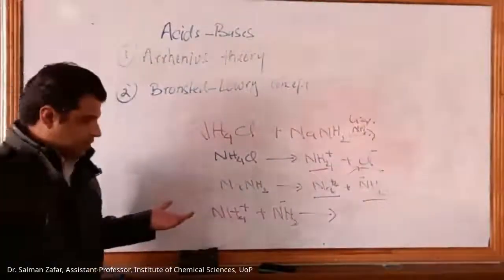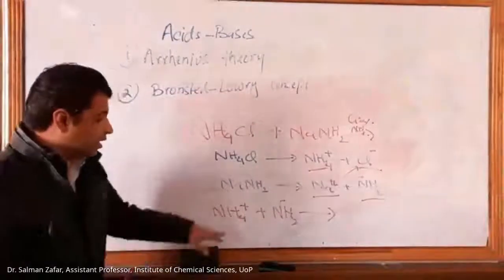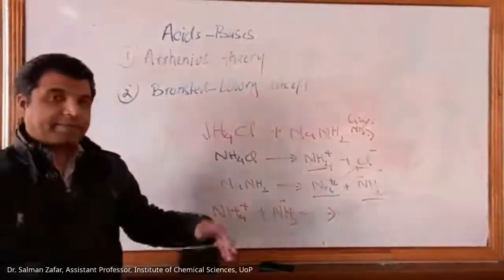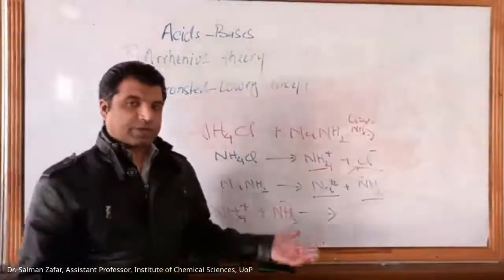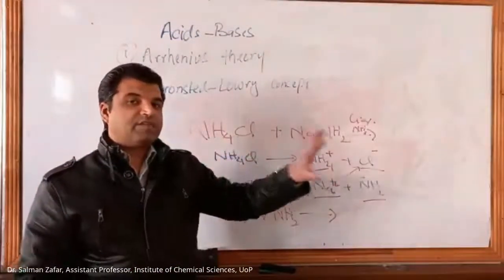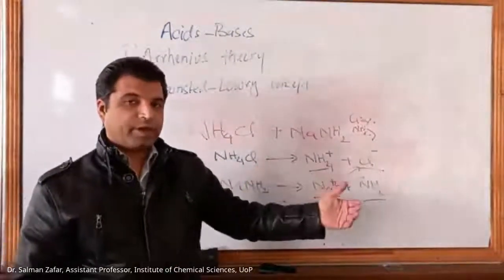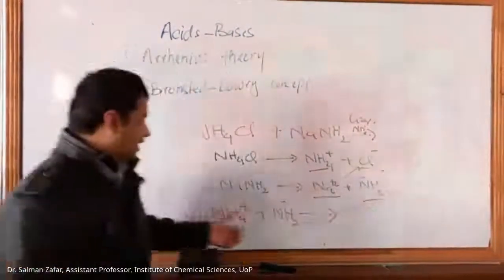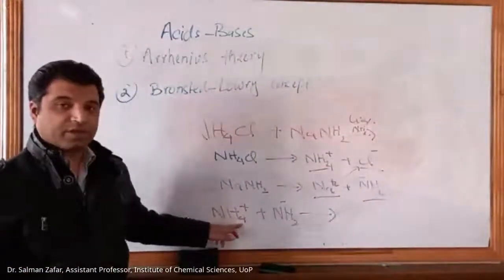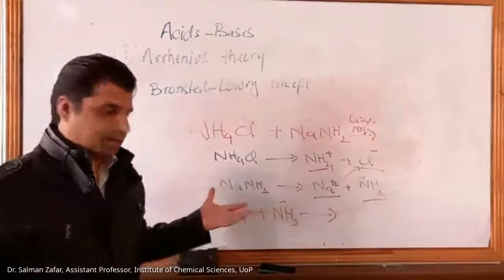So what can happen to get rid of these positive and negative charges is that this ammonium ion can liberate, or donate, or give away a hydrogen ion. So when a hydrogen leaves in the form of hydrogen ion H+, it will take away the positive charge with it, leaving behind NH3. And NH3, you know, is a neutral molecule, ammonia.